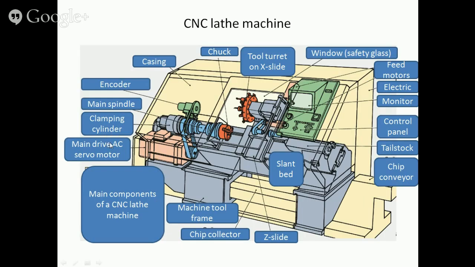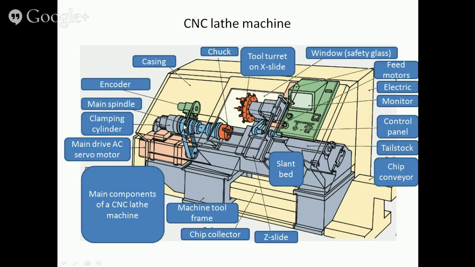We continue at 9 o'clock and go clockwise. This is the main drive, normally an AC servo motor. This machine is equipped with a clamping cylinder for automatic clamping.